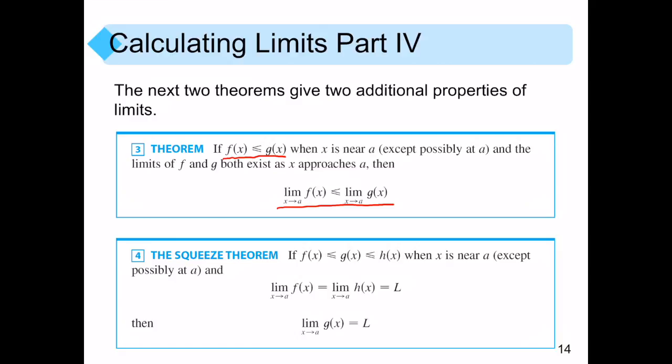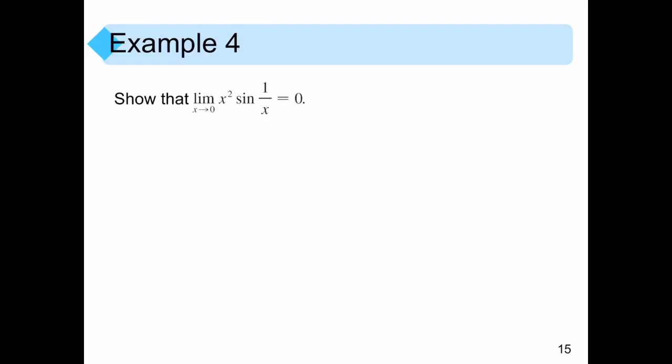Let's say we have a double-sided inequality, where g is the function in the middle: g is bigger than f of x and less than h of x. If this side's limit and this side's limit both equal L, then the middle part's limit equals L too. We want to use the squeeze theorem to show that the limit of x squared sine 1 over x, when x goes to 0, equals 0.